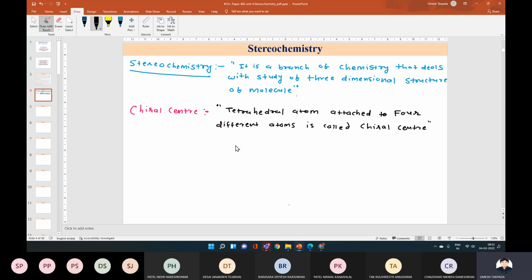This is just the definition of chiral center. So in stereochemistry, we are studying such types of molecules.